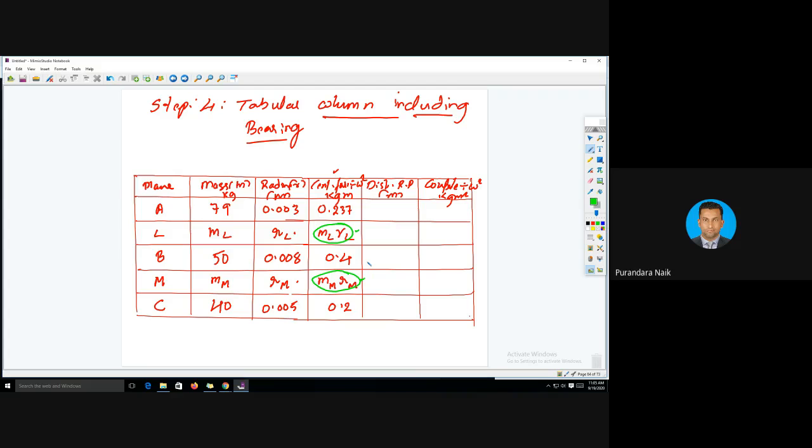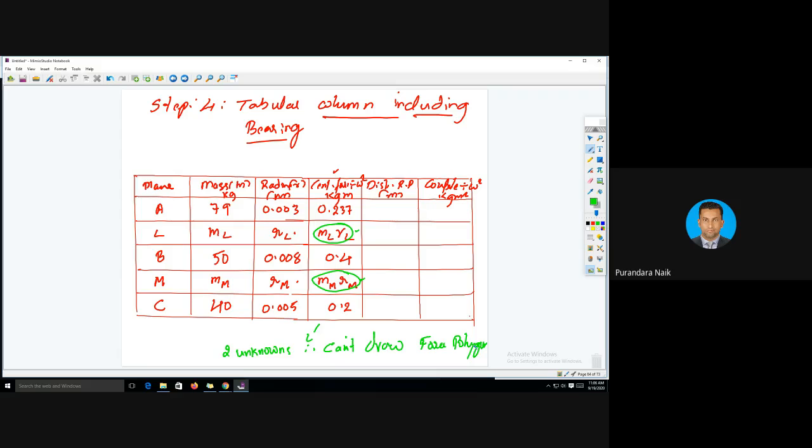So you cannot draw the force polygon. Is it possible to draw the force polygon? No, it is not possible because there are two unknowns.